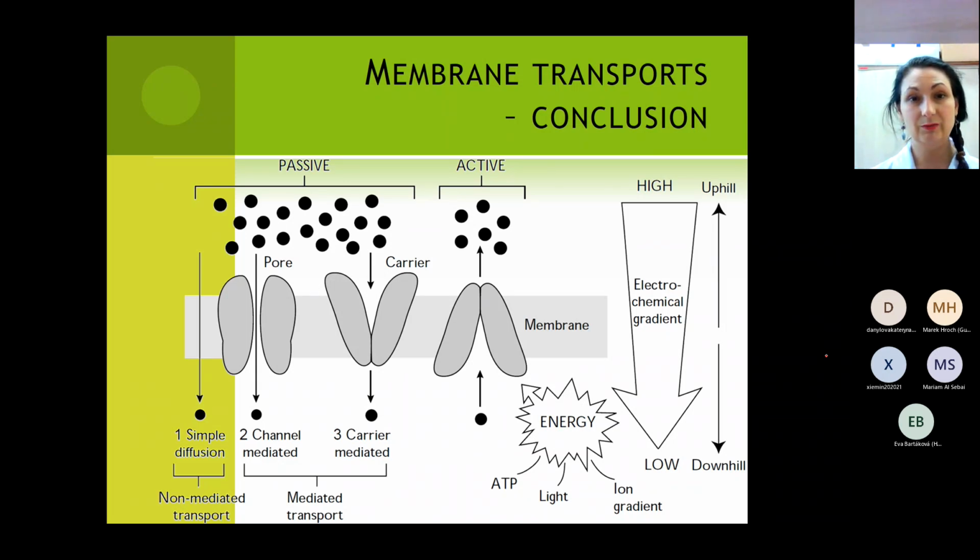The same scheme can be applied also for molecules, atoms, particles, gases, and so on. Particles spontaneously move from their place of higher concentration to the place of their lower concentration. We are talking about passive diffusion. Is it clear to everyone?